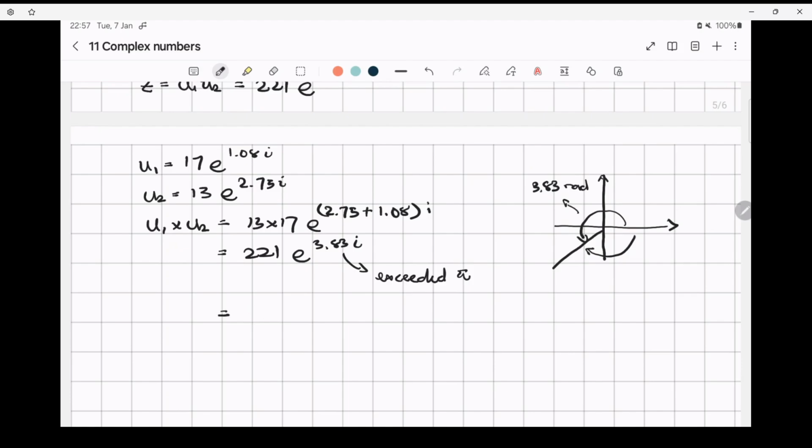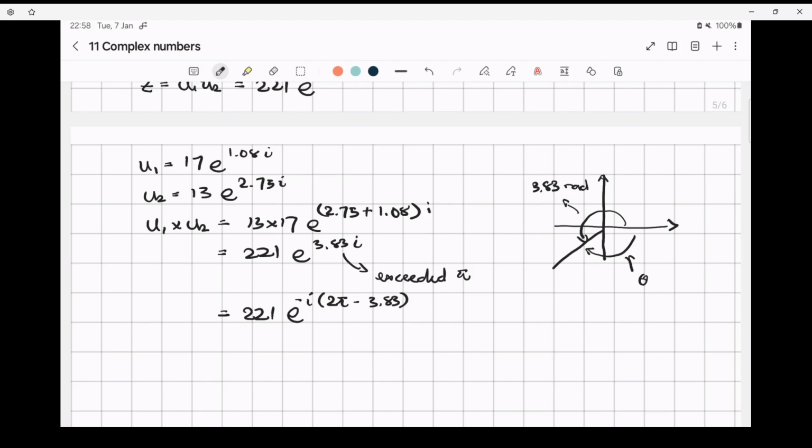So over here, you have 221 e, and I write i in front. What you need to do is use 2 pi minus 3.83. But that's not all you need to do. When you use 2 pi minus 3.83, yes, you find the angle you want, but you also need to reverse the direction to clockwise, and that gives you a minus sign.